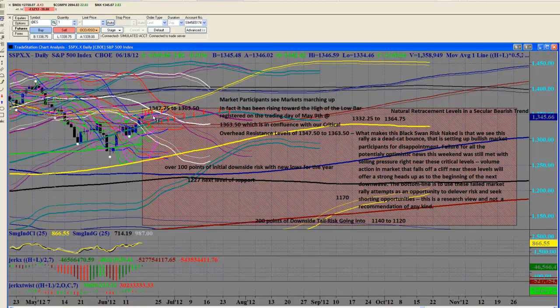But keep in mind that if the market starts breaking down here and the volume exceeds the previous low areas, it means that the retracements are going to be limited to the high of the low bar. And because of the high of this low bar, and I usually combine the low bar with the previous bar if the low bar happened to be a very small bar compared to the previous bar.